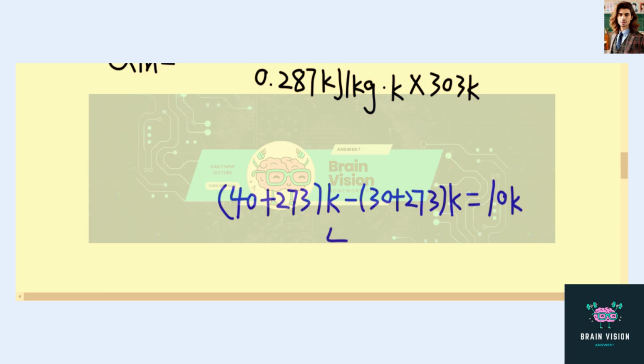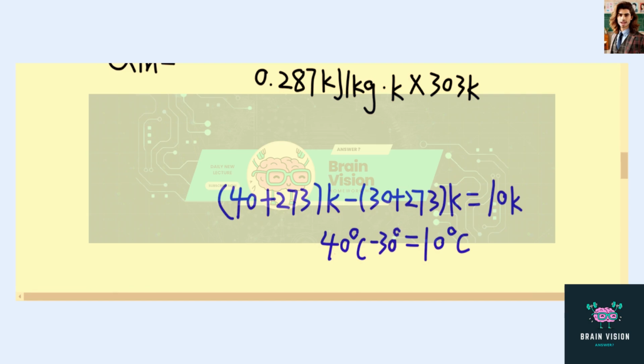And 40 minus 30 is equal to 10 as well, but with the unit degree Celsius. So therefore, as you can tell, the temperature change between degree Celsius and Kelvin is the same. So when you use the specific heats for a certain material, you can use either the unit degree Celsius or the unit of Kelvin.